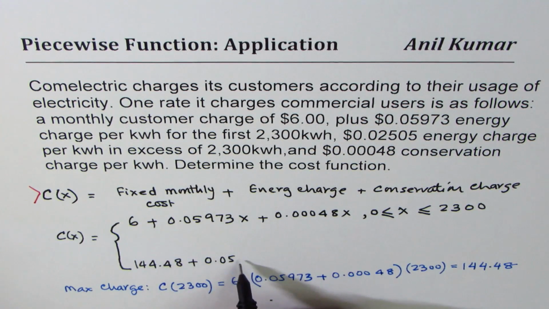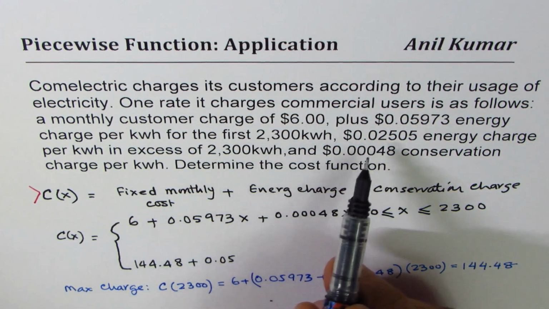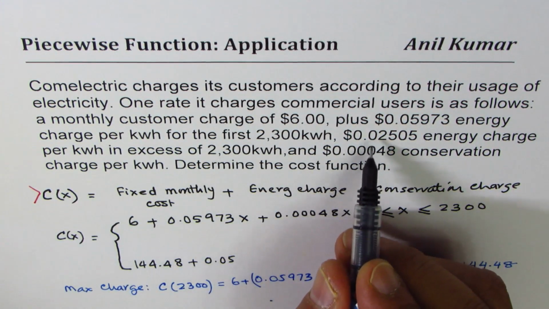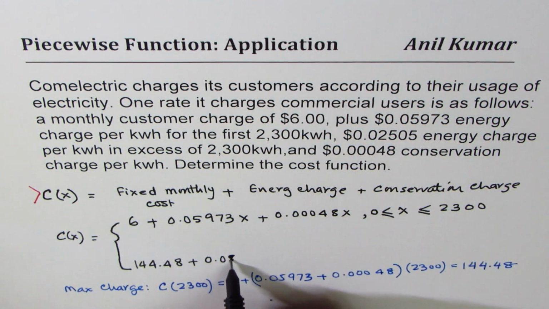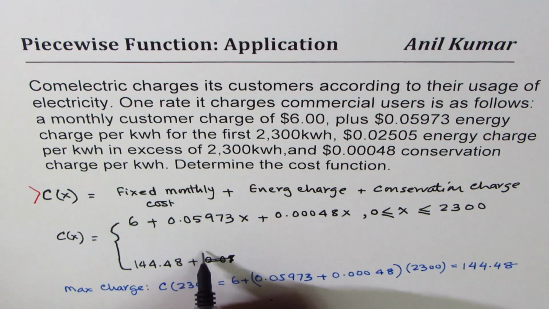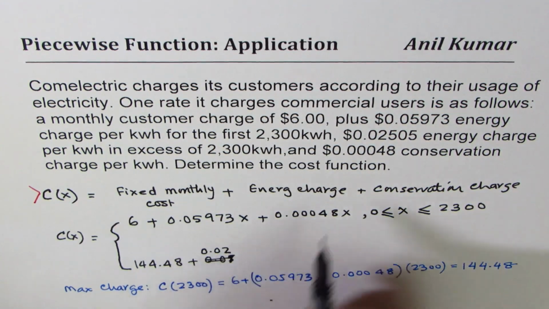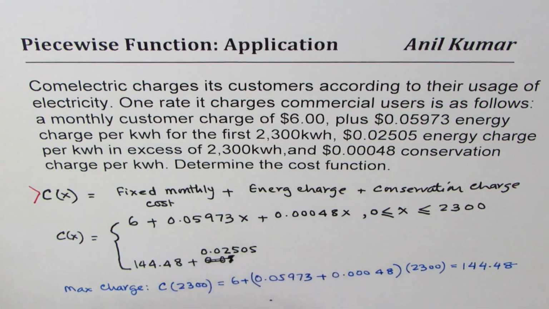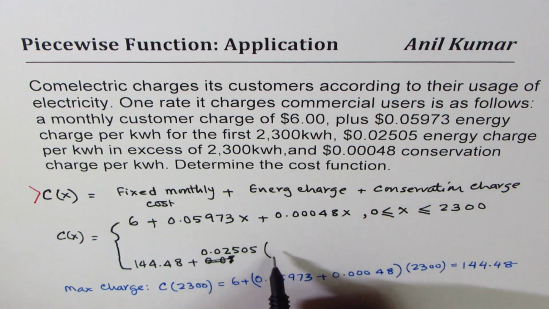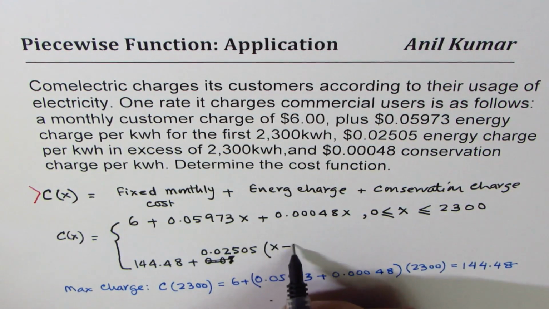Oh, sorry, the rate is not 0.5. It is 0.02505. And what is the X value? X minus 2300.